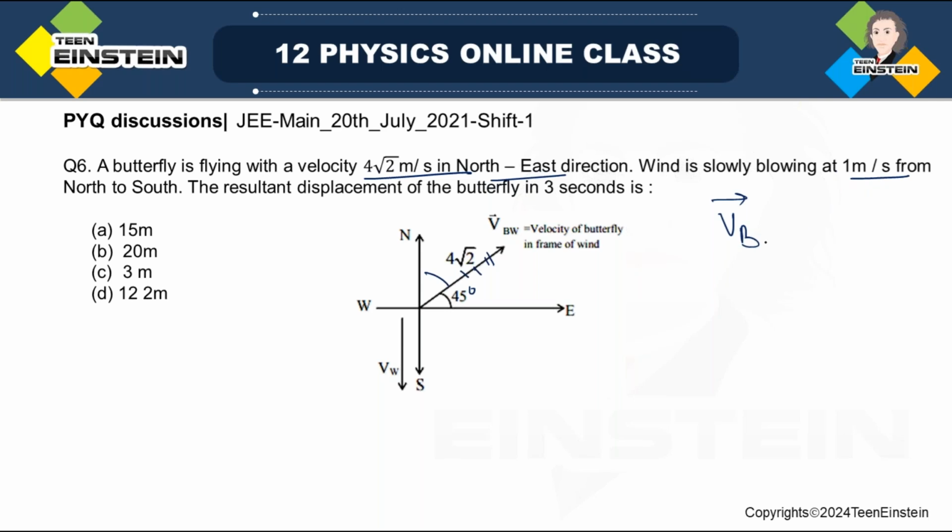So velocity of wind is with respect to ground, and the butterfly is given as 4 root 2.